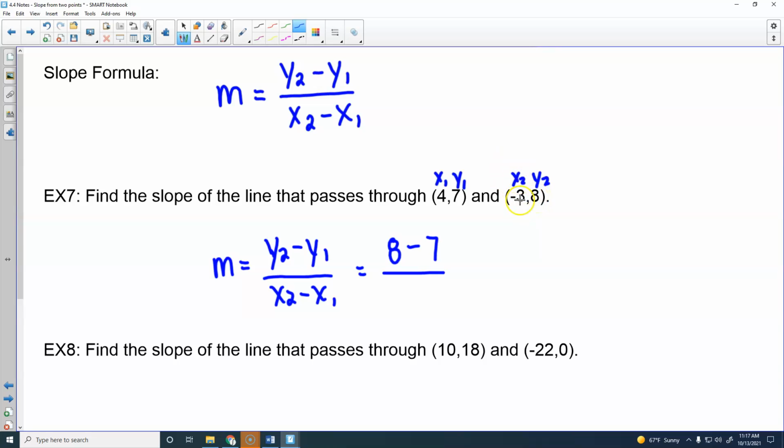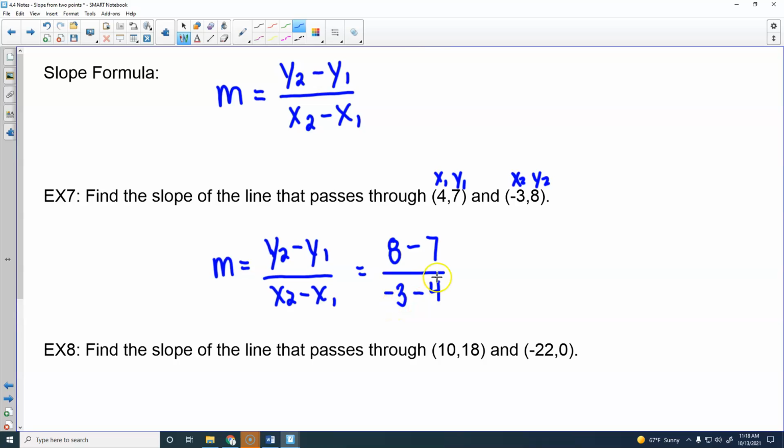So the x2 has to come first, right here. It does look a little like a y, that's an x, right there. So it's -3 minus, and then my x1 is 4. Since I chose the 8 first in the top, the -3 has to come first in the bottom.